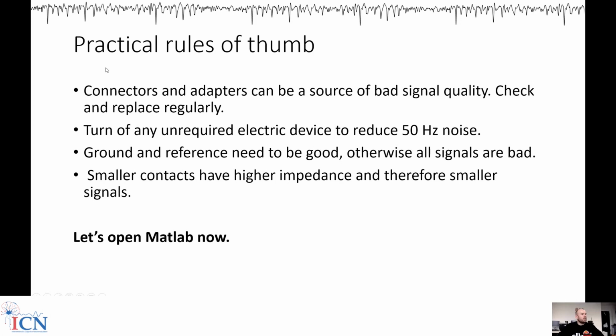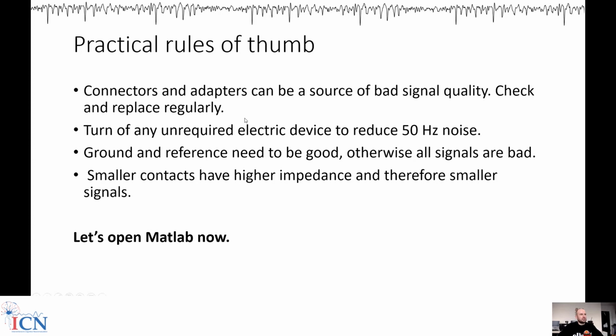Sorry about that. I definitely want to get out these practical rules, because I think they can be very helpful. If you try to record LFP and you have a bad signal, check your connectors and adapters, because they are most commonly, in our experience, the source of a bad signal quality.